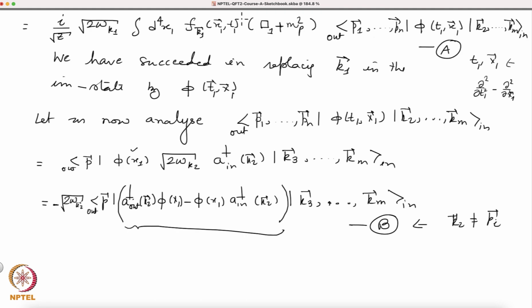So now, a out dagger k2 phi x1 minus phi x1 a in dagger k2. Let's take this, which is exactly what you had here.